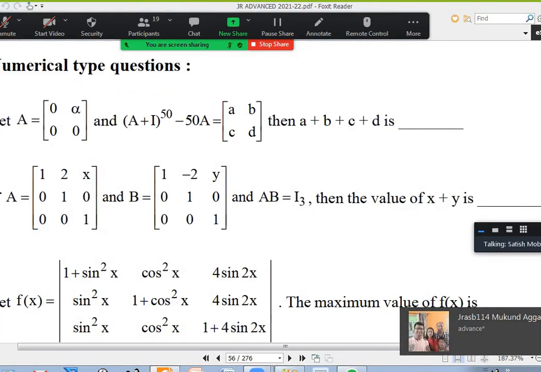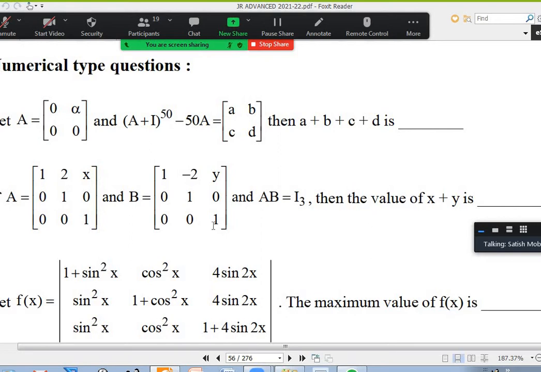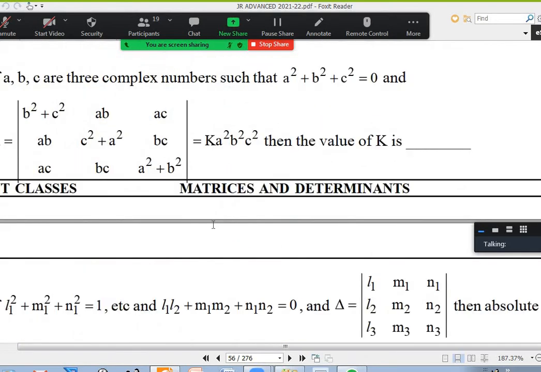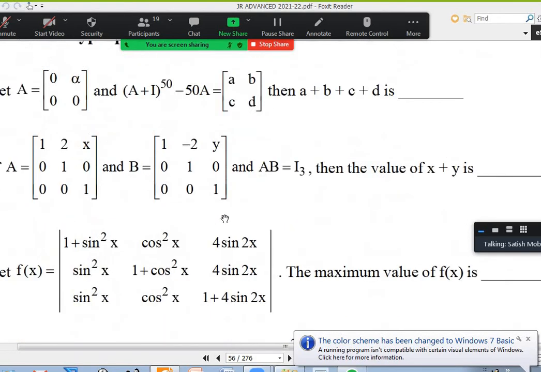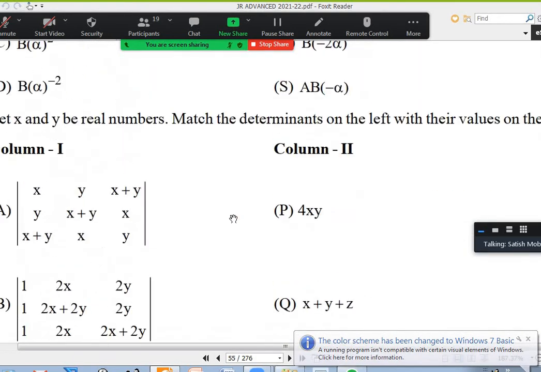Just one minute, I'm looking at other questions. Okay, I think other questions are a little more tangible. We can deal with them.